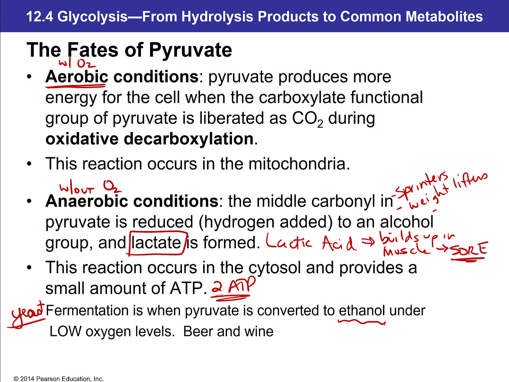They convert the two products of glycolysis into ethanol. And when ethanol is present, guess what can't grow there? Bacteria. So yeast have evolved this ability to make ethanol and live in it, and other microbes can't. It's really allowed them to flourish.